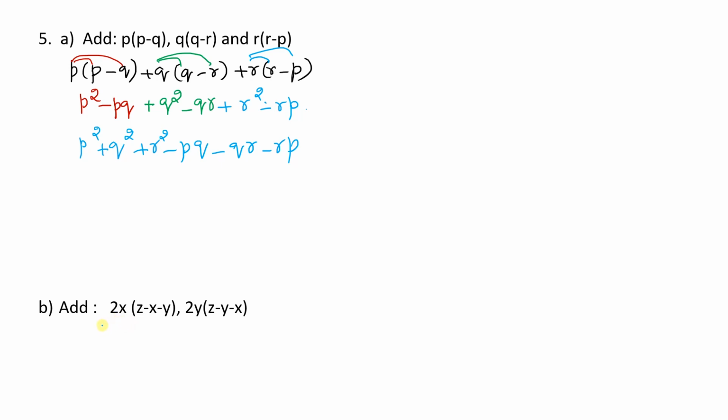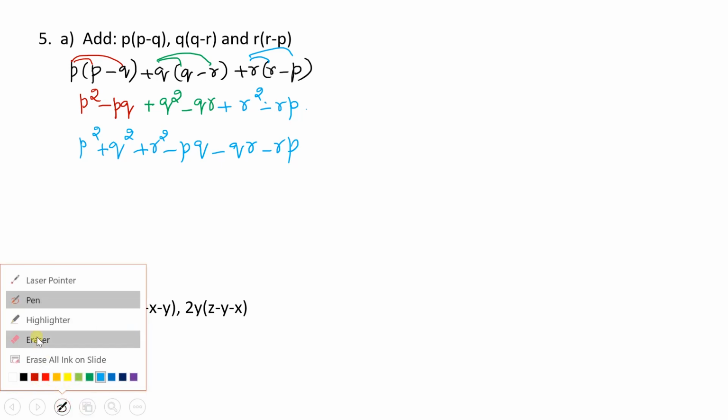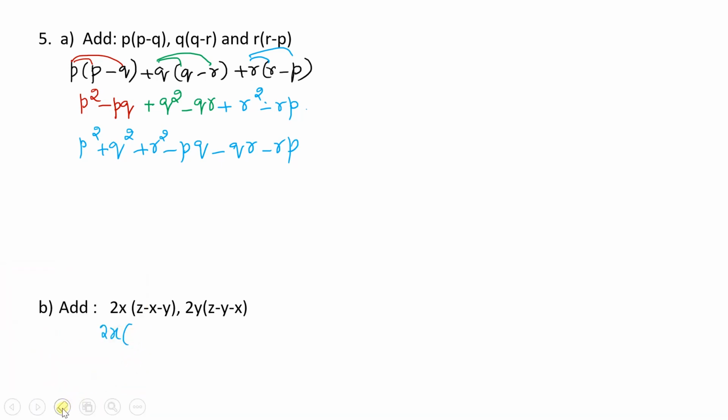Similarly, you have to add these two. 2x into z minus x minus y plus 2y into z minus y minus x. 2x into, here you have to multiply each factor here by 2x. 2x into z is 2xz minus 2x square minus 2xy.